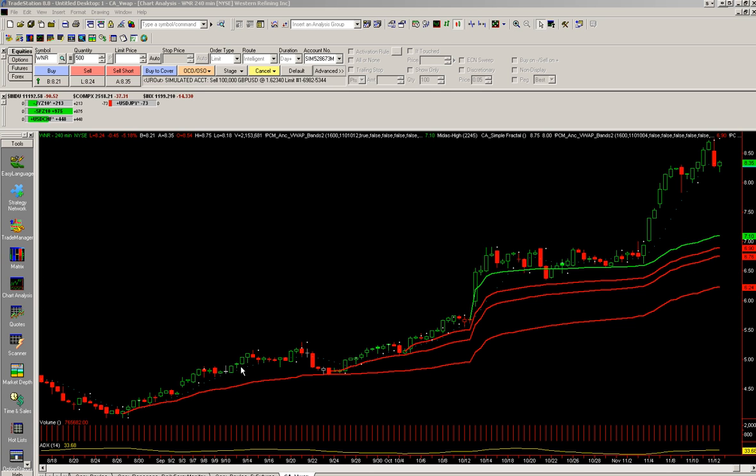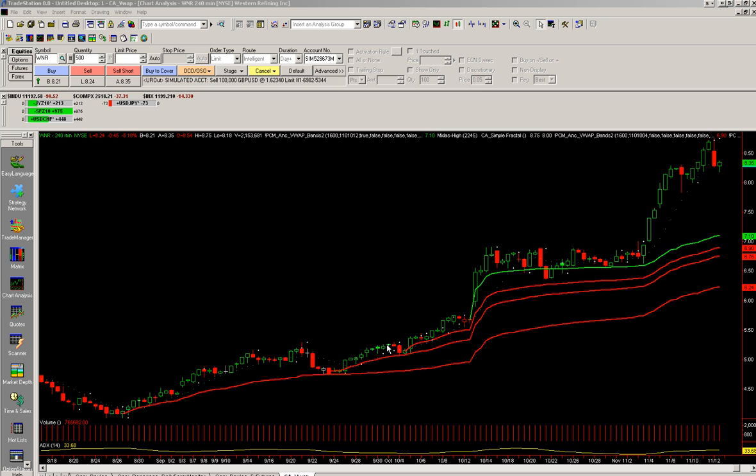Enter another one in here, and then let's just say that it got broken here. We could lighten the position up and look for this next level of support to hold, and then re-enter long in here. And now we're just monitoring again.